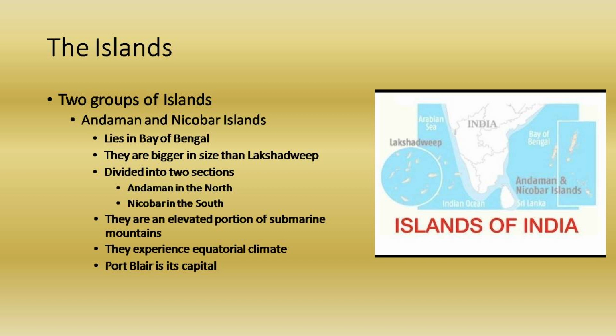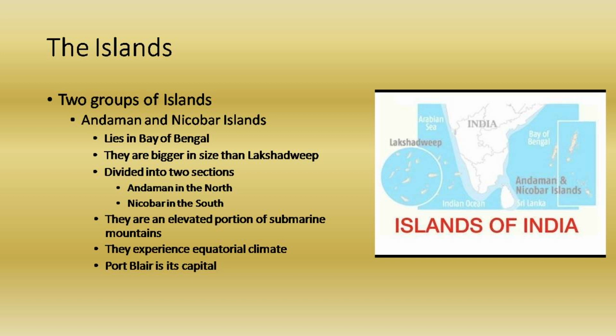The Andaman and Nicobar Islands are divided into two sections: the Andaman in the north and the Nicobar in the south. You may ask, how are these islands formed? It is believed that the Andaman and Nicobar Islands are the submarine part of the Himalayan mountains.